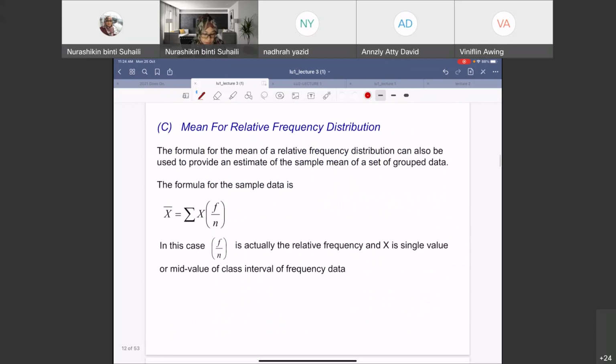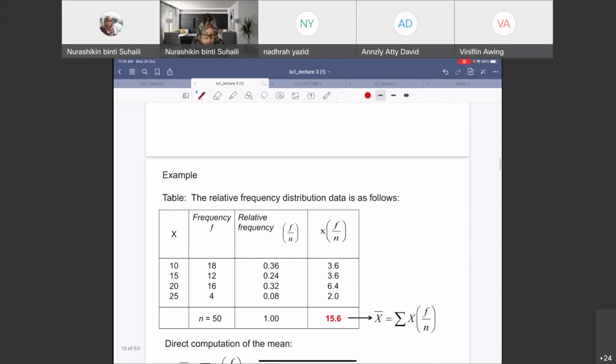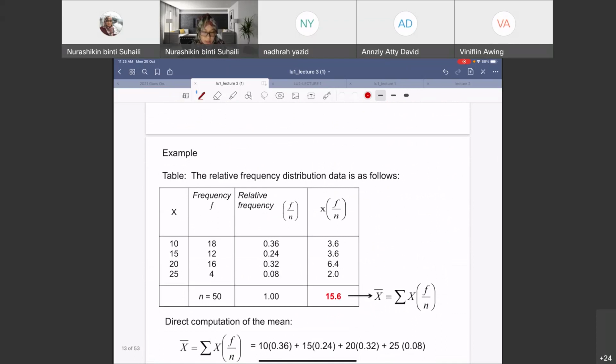Okay, now we have what we call the mean for a relative frequency distribution. This is actually just an extension of this one. Let's say this is the original data, and last week we studied relative frequency.